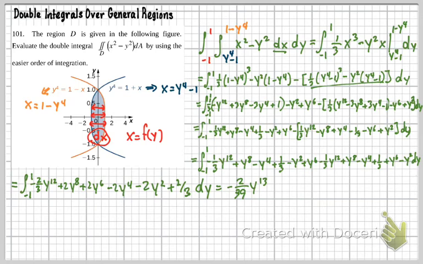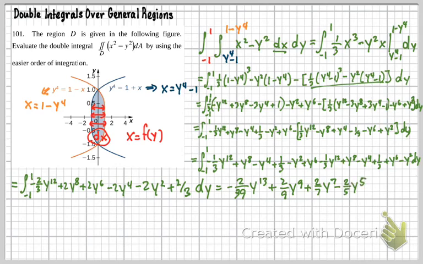Okay, so this is going to be the 9th. So this is going to be plus 2/9 y to the 9th. And then plus 2/7 y to the 7th. And then minus 2/5 y to the 5th.